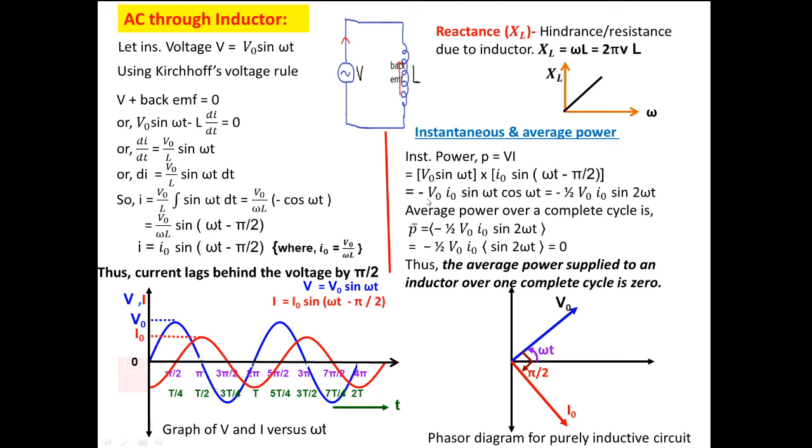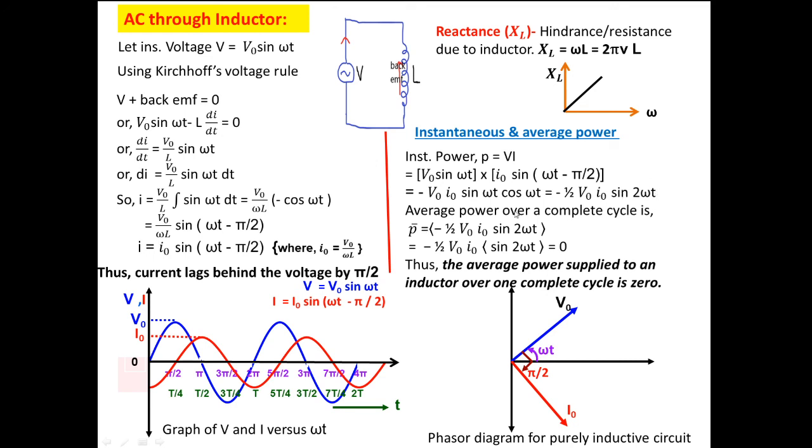We can multiply its numerator and denominator by 2. Then we will get minus half V naught I naught into 2 sin omega t cos omega t. And we know 2 sin theta cos theta is sin 2 theta. So this will be minus half V naught I naught sin 2 omega t.